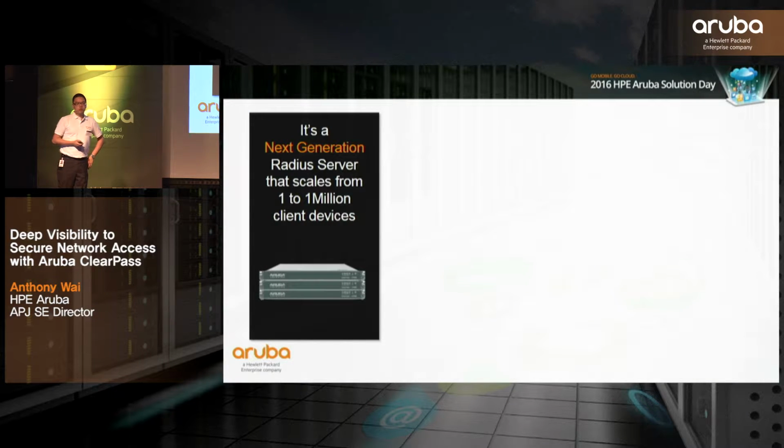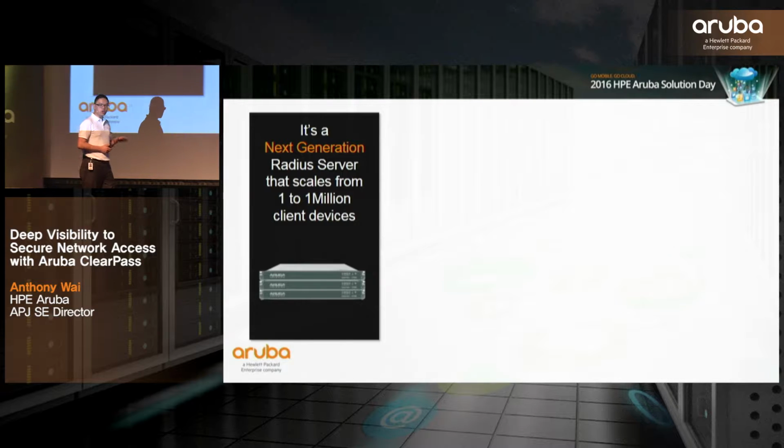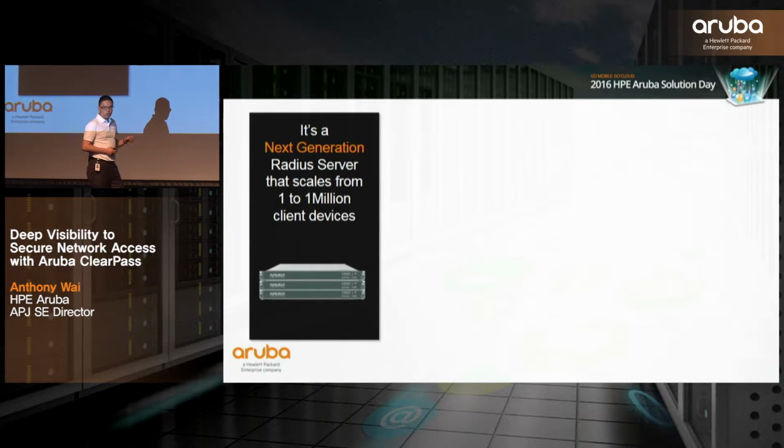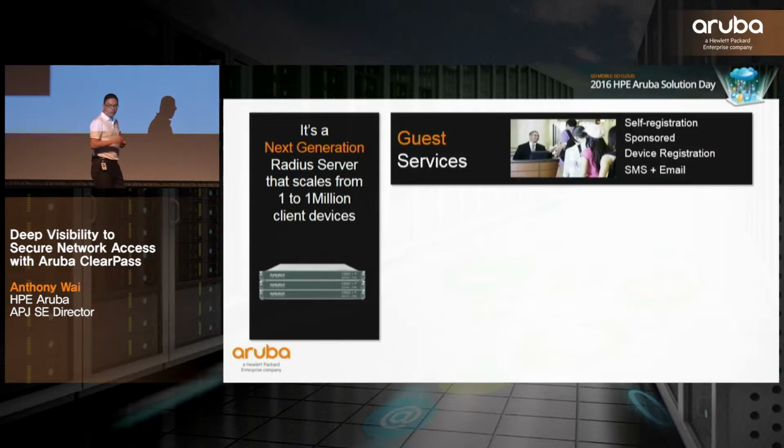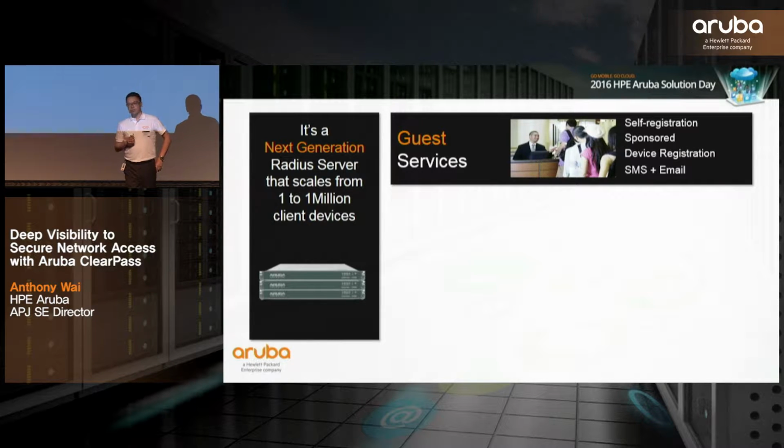So in a nutshell, ClearPass is secure access management. It is the next generation of RADIUS servers. At the base, it does all the AAA things like authentication, authorization, and accounting. But it also offers additional modules that solve particular problems we see in the mobility world today. For example, there's a module tied to guest services.